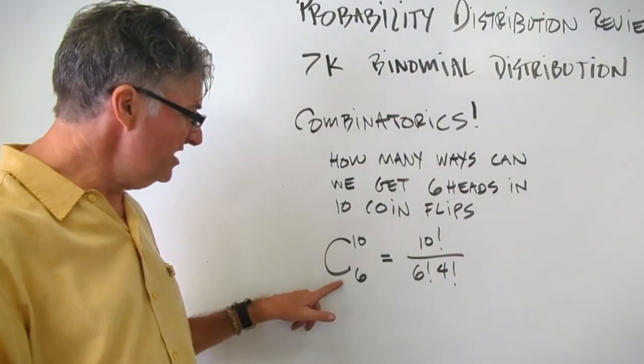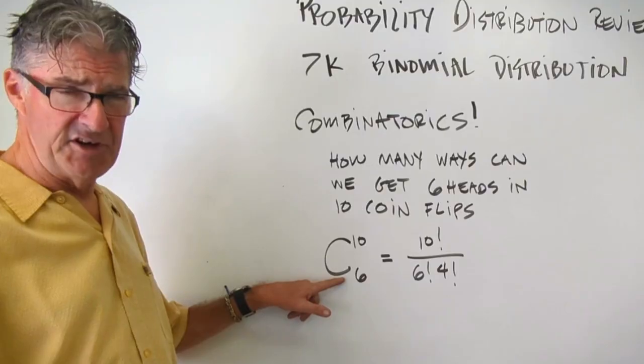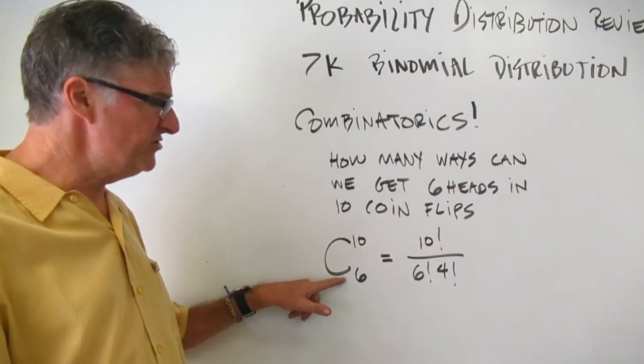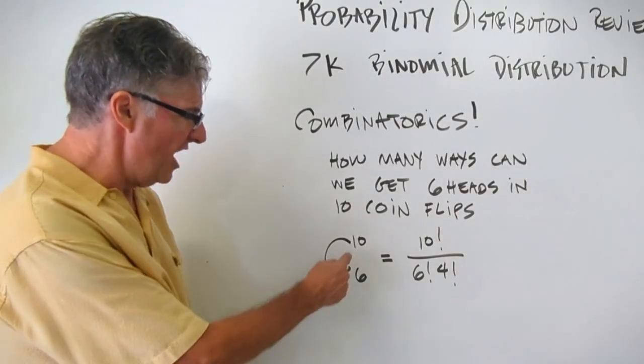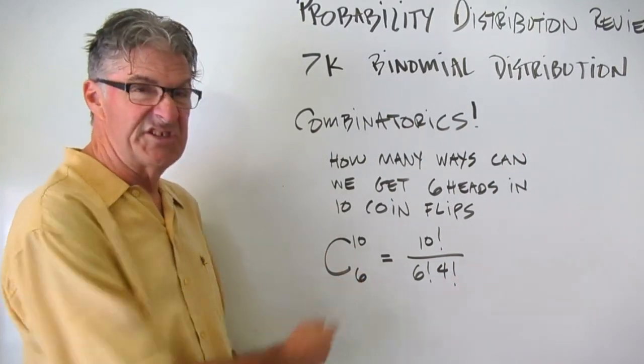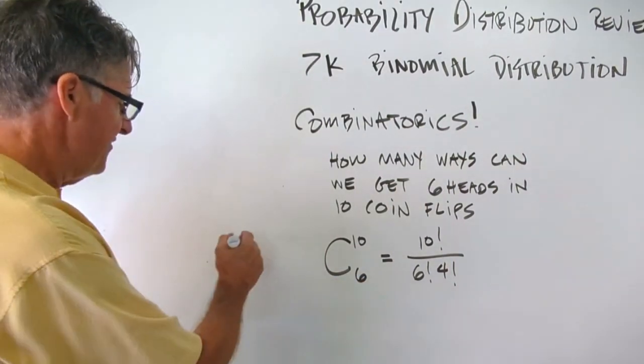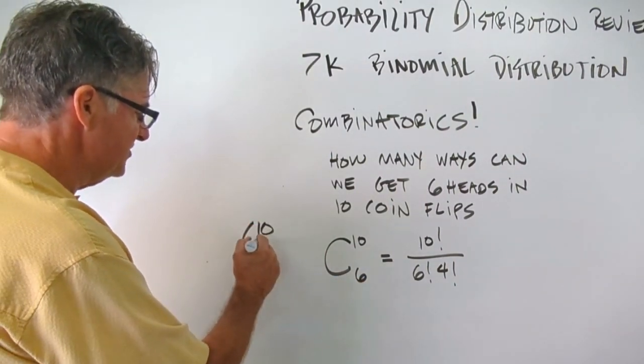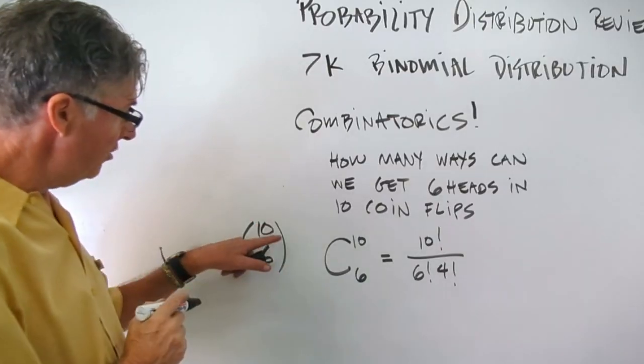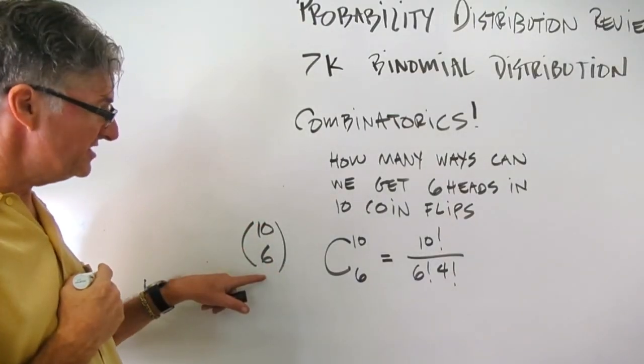So here's some notation. We use this C for combinatorics. There's a bunch of different ways to do this, but basically what you've got is you've got 10 trials, you're looking for 6 successes. I think in class we also just did it this way, 10-6 with no line. It's not a fraction, it's just 10-6.